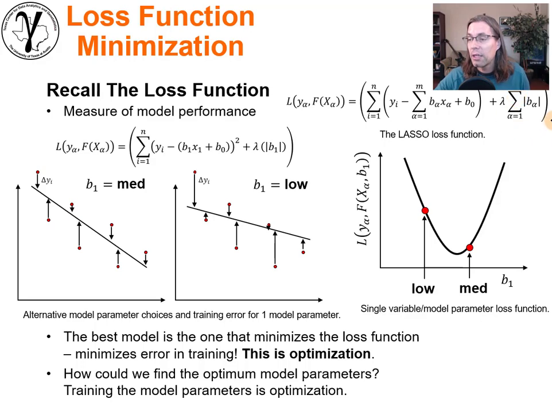And this component right here is the regularization term, where we're trying to drive the parameters to be smaller, and we put some weight on that, a regularization coefficient, in fact, lambda. Now, we could take that loss function and simplify it down for the case in which we're working with m equals 1. There's only one predictor feature. And if we did that, we would get this as our loss function, very simple.